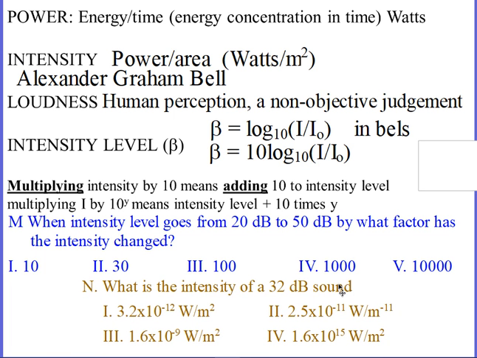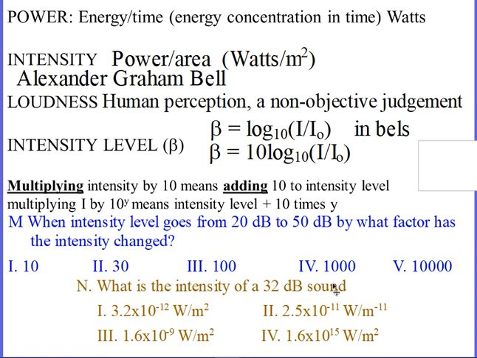That should be pretty easy. This problem is going to be pretty hard. I believe, I hope I'm right, I'll write it on the worksheet. This threshold of hearing, this I naught, I think is 10 to the minus 12 watts per square meter. And that should say per square meter. My bad. That should not be discounted on that account.